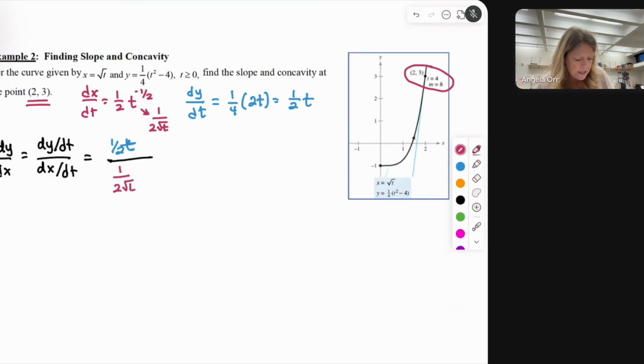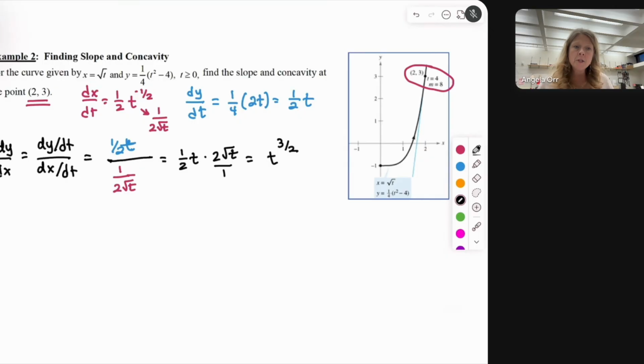Now I'm going to do a little bit of simplification. This is equivalent to 1/2 t times 2 root t over 1. The 2 times 1/2 cancels out, and this is t to the first times t to the 1/2, which gives me t to the 3/2 power. So that's my first derivative.